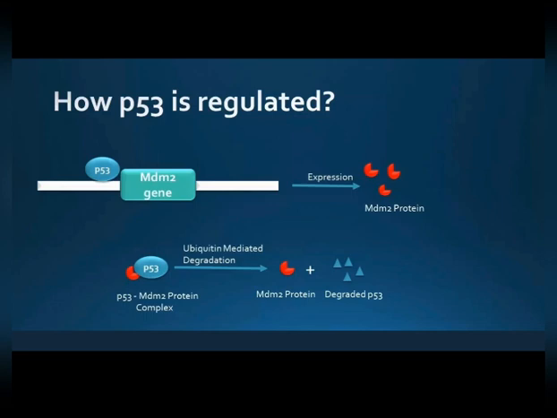Let's see how p53 is regulated. p53 can bind to the MDM2 gene and cause the expression of MDM2 protein. The MDM2 protein can in turn bind to p53, and through the ubiquitin mediated degradation pathway, MDM2 protein and degraded p53 are formed. So ubiquitin will decrease the p53 MDM2 protein complex.